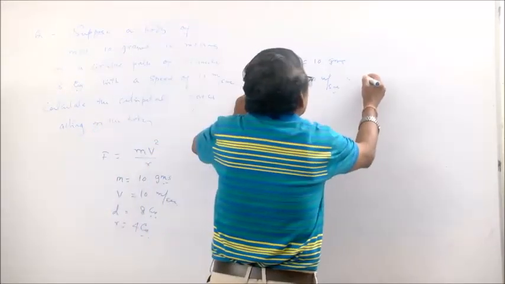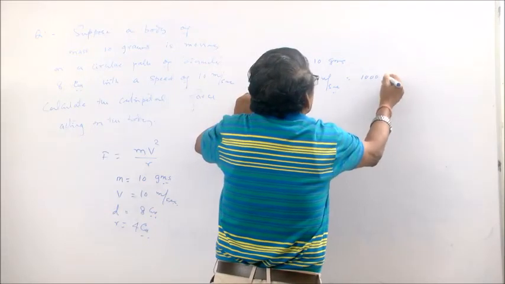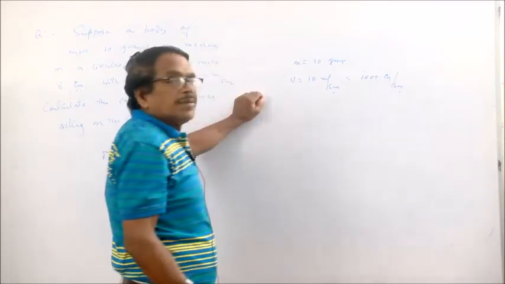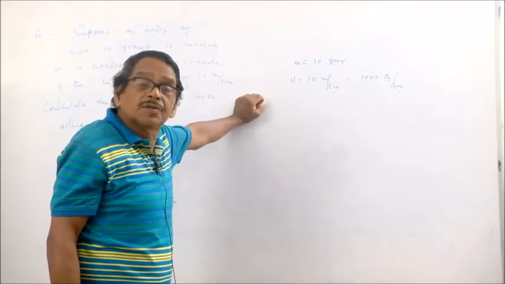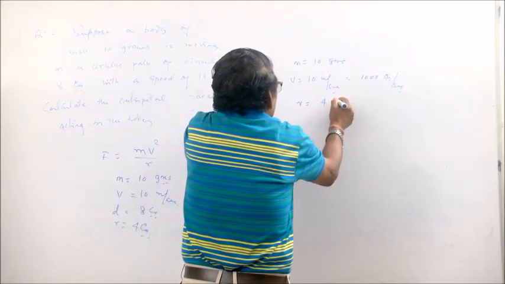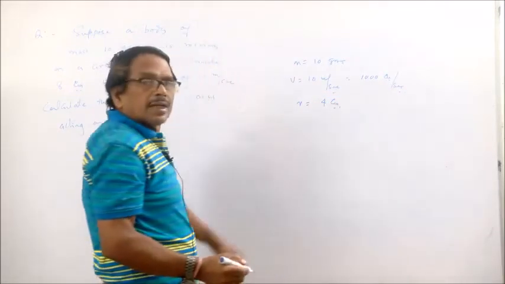That is equal to how much? 10 into 100, that is 1000 centimeters per second, and radius is 4 centimeter.